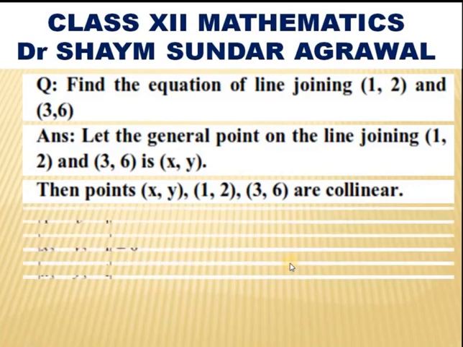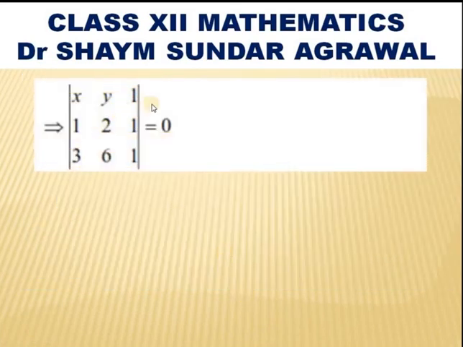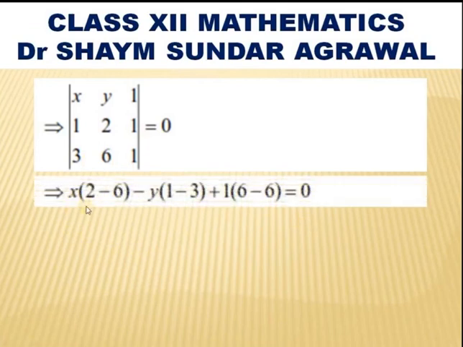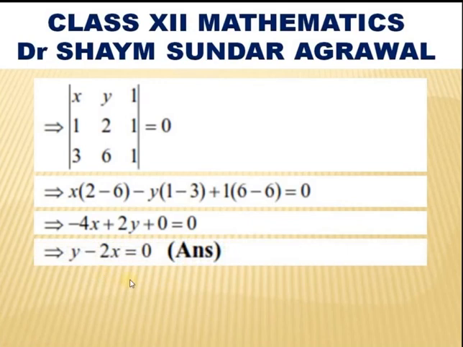So the determinant of x, y, 1, 1, 2, 1, 3, 6, 1 is equal to 0, or x into (2 minus 6), minus y into (1 minus 3), plus 1 into (6 minus 6) is equal to 0. And I think you know how to evaluate 3 cross 3 order determinants. So it is minus 4x plus 2y is equal to 0, or y minus 2x is equal to 0.